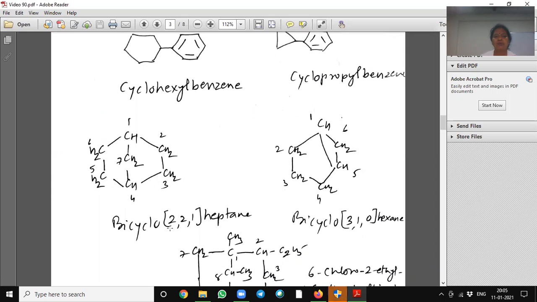So bicyclo 2, 2, 1 heptane. Here bicyclo 3, 1, and in the middle there is no carbon atom, so it is bicyclo 3, 1, 0 hexane.